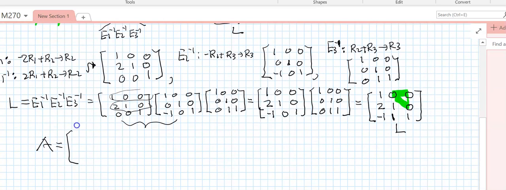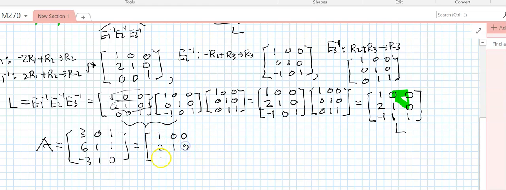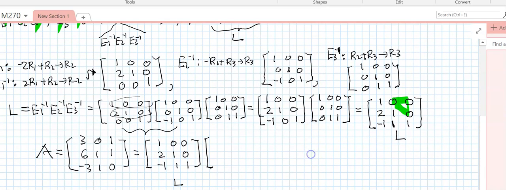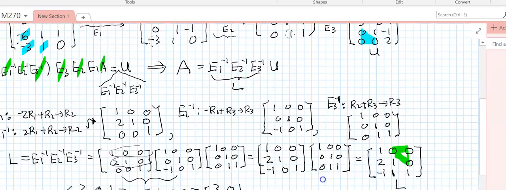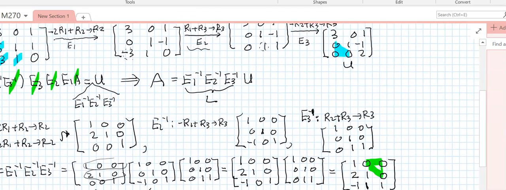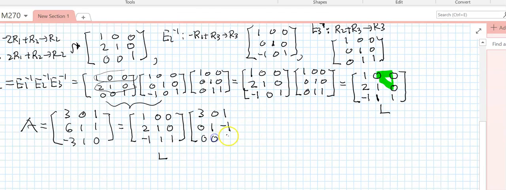So A, which is 3 0 1, 6 1 1, negative 3 1 0, can be factored as L, which is 1 0 0, 2 1 0, negative 1 1 1, times U, which is 3 0 1, 0 1 negative 1, 0 0 2.